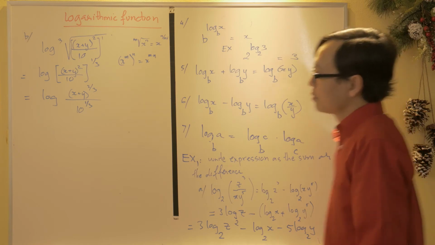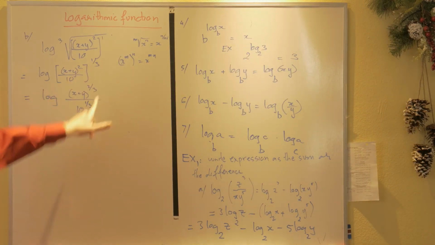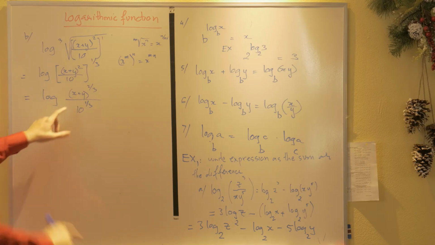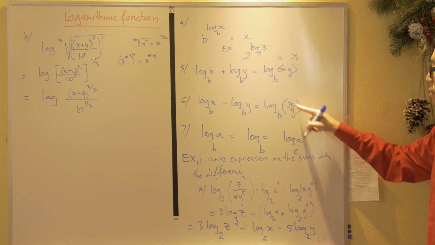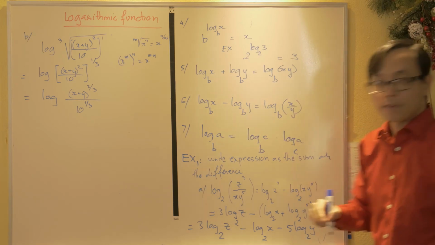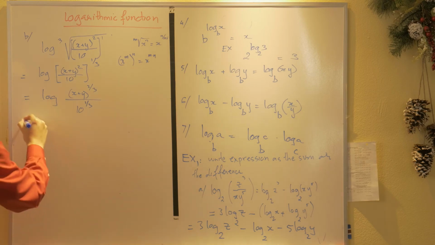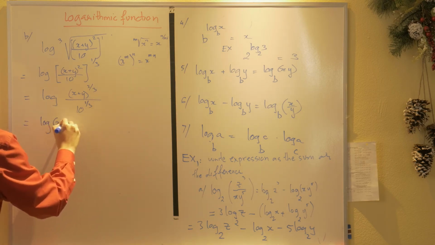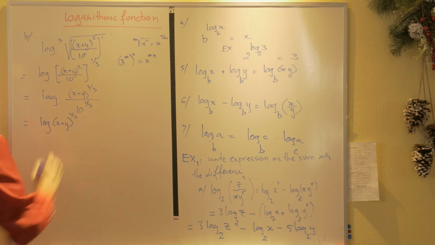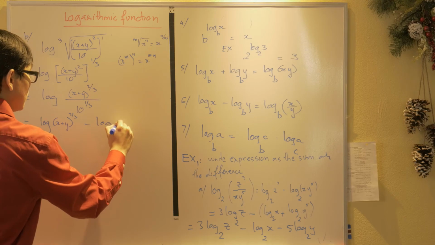Okay. So 10 over here is 10 to the 1st power. 1 times 1/3 is 1/3. And now this is a quotient, so I can split it up into the difference. I use the number 6. So this becomes log base 10 of xy square to the 1/3 power minus log base 10 of 10 to the 1/3 power.